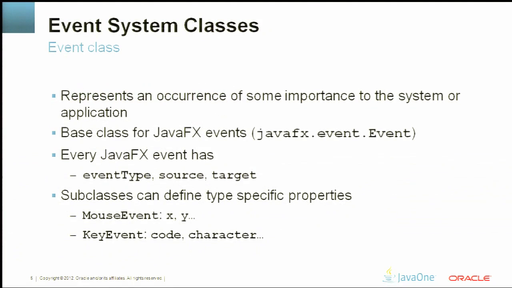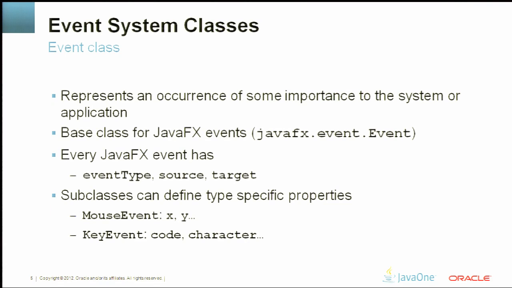Okay. So the most important class in the event system is the class called Event. It represents something which happens in the system, mostly some user action like a mouse click or key press, or when you close the window.